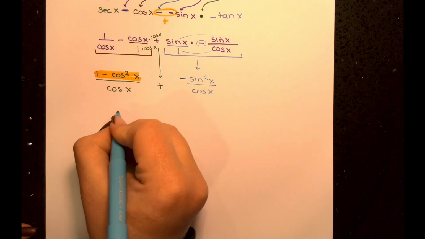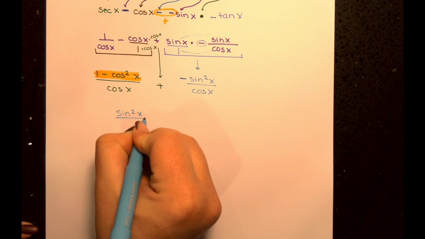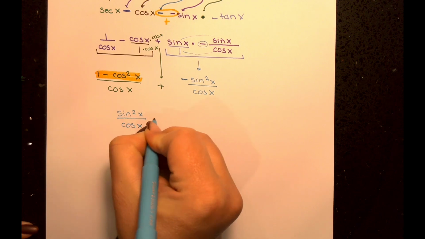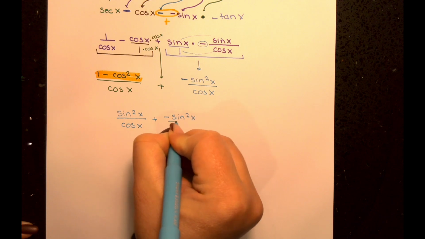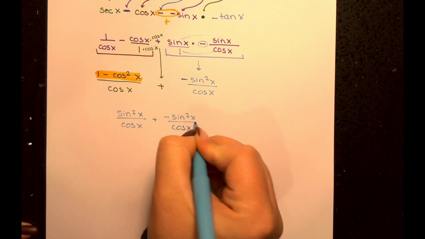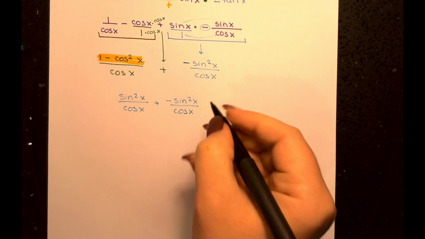So we can change that into sine squared of x over cosine of x plus a negative sine squared of x over cosine of x. Now, because we already have common denominators, we don't need to create them.